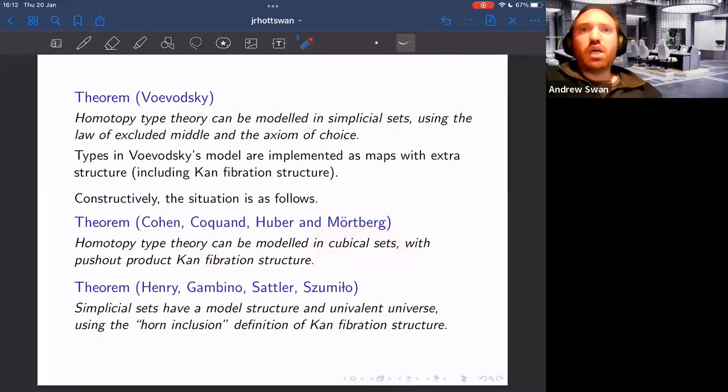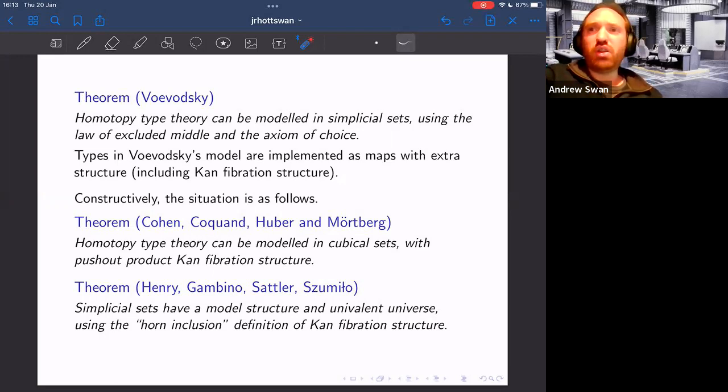Okay, and so this is one way to get a constructive model of homotopy type theory, and it's also possible to do constructive homotopy theory. This is due to Simon Henry, Nicola Gambino, Christian Sattler, and Karol Szumiło. They developed something which is closer in spirit to classical homotopy theory, but done in constructive mathematics.